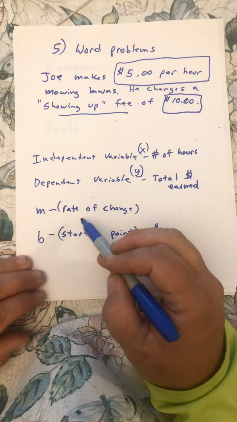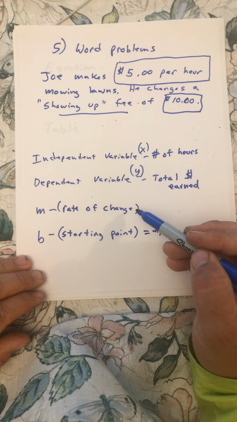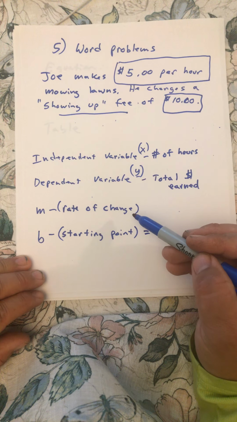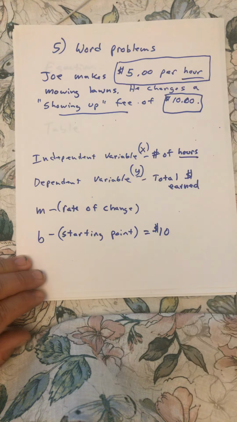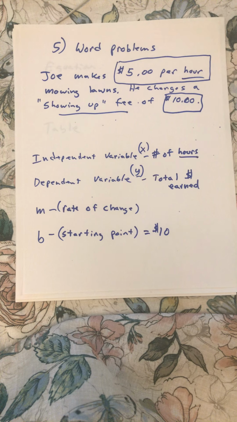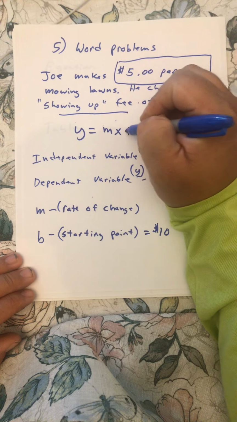His rate of change goes in relation to the input, and you can see hours and hours, so those relate. If I work multiple hours, I can multiply. Remember, when we go to slope intercept, it's y equals mx plus b.